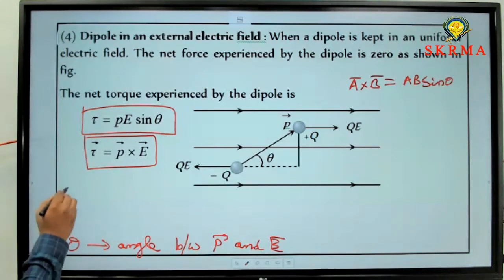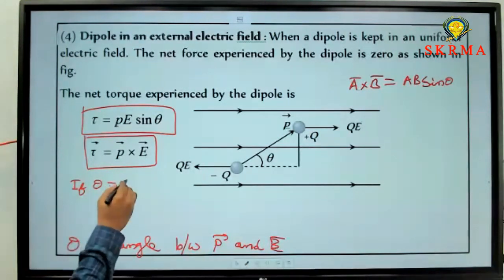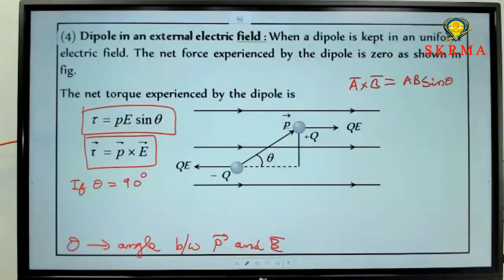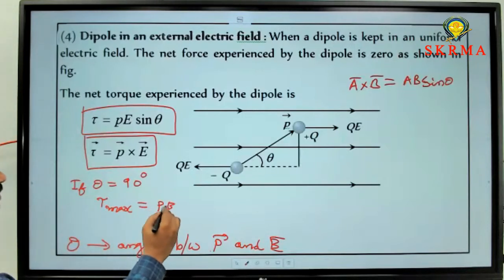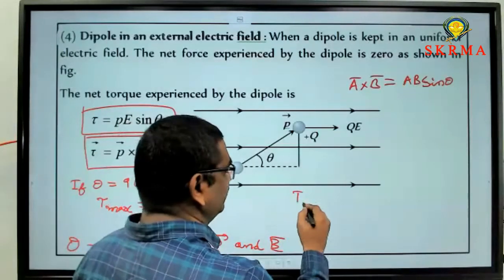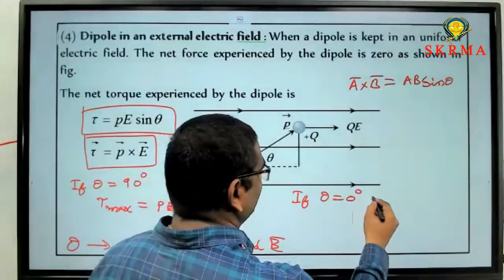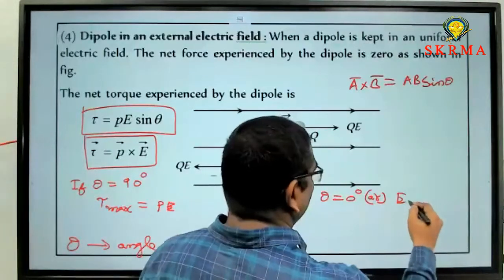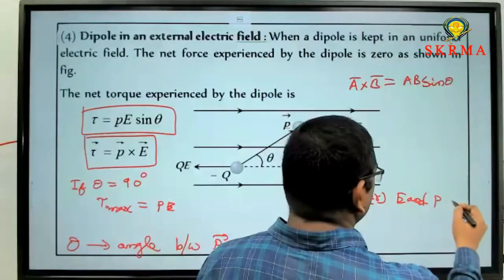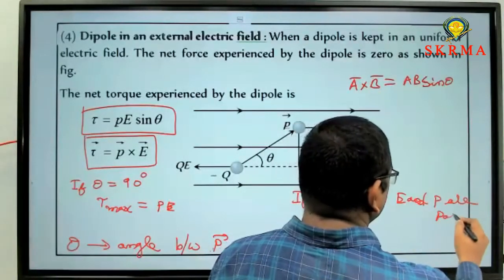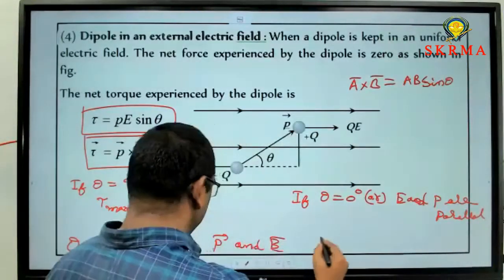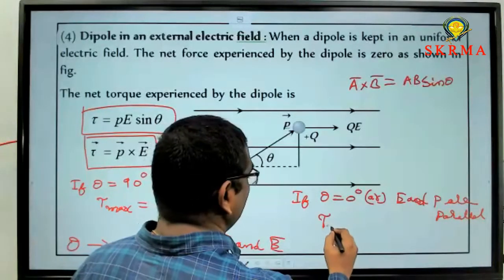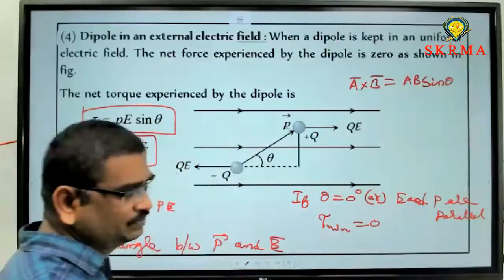Now, what is the maximum? If theta equal to 90 degrees, or P and E are perpendicular to each other, then torque is maximum and that is equal to PE. Next one, if theta equal to 0 degrees, or E and P are parallel, then torque is minimum, that is equal to 0.